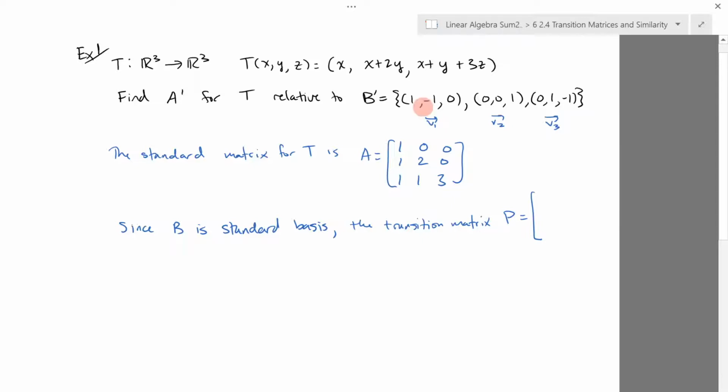So the first column is V1, which is 1, negative 1, 0. Second column is V2, which is 0, 0, 1. And then third column is V3, which is 0, 1, negative 1.